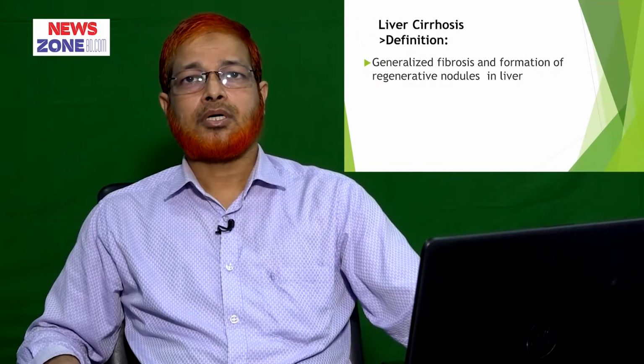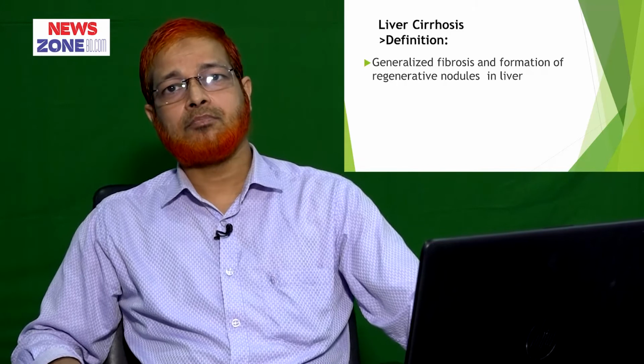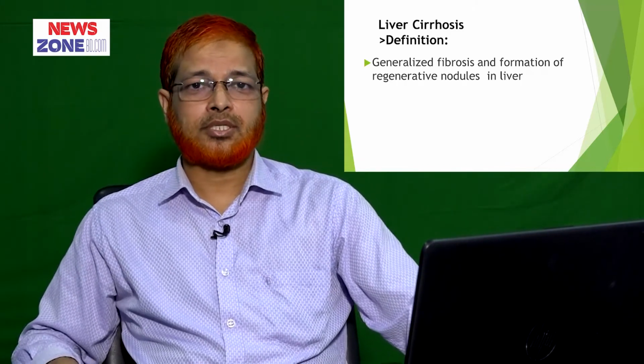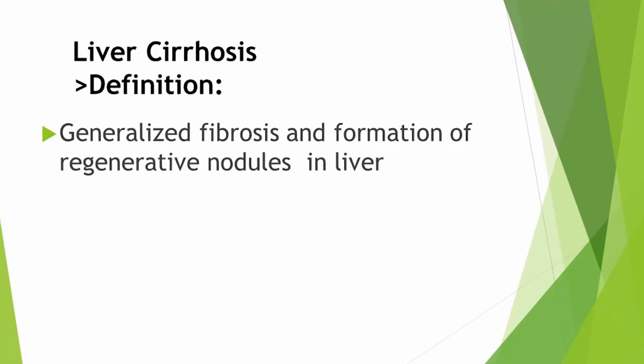How do we define liver cirrhosis? Liver cirrhosis is actually a histological diagnosis, but there are some investigations by which we detect it. It is generalized fibrosis and formation of regenerative nodules.